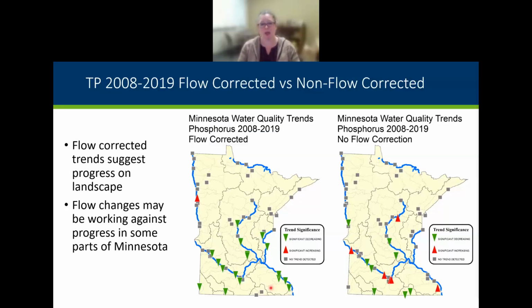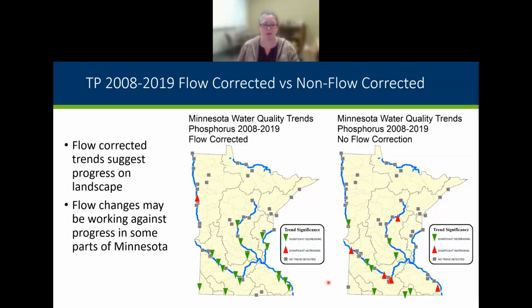We tell them, the technology is there, and we're going to make sure that you have a permit that says you can't put more than this amount into the river. And the work that our agency has done on that has really shown up in our trends with this network.